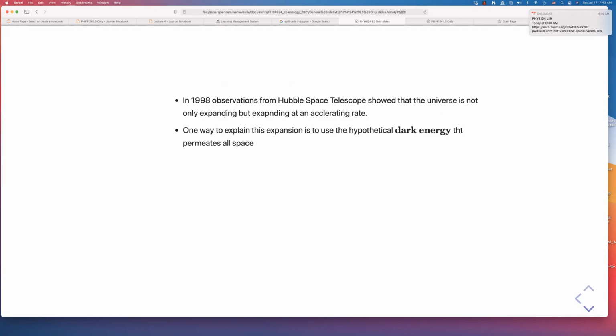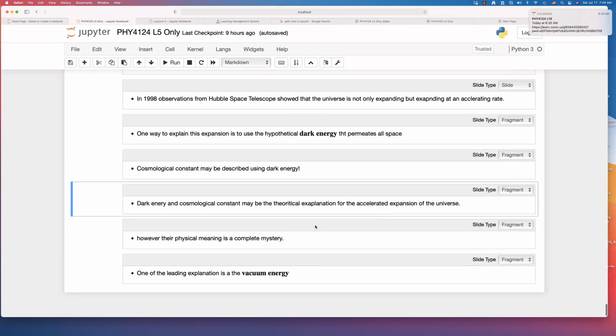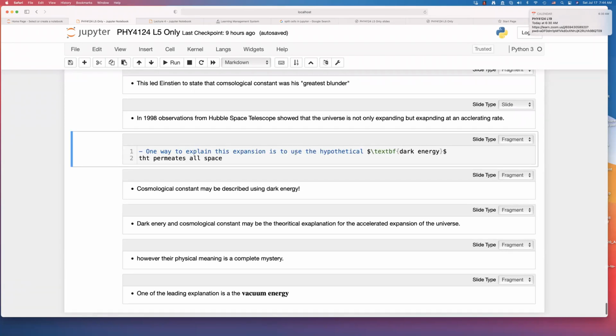Then the concept, the term dark energy, came into play, because one way to explain this expansion is to use hypothetical dark energy that permeates all space.